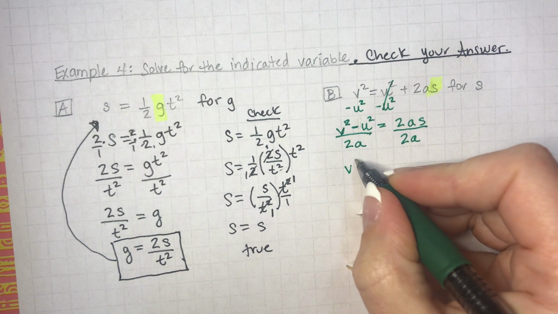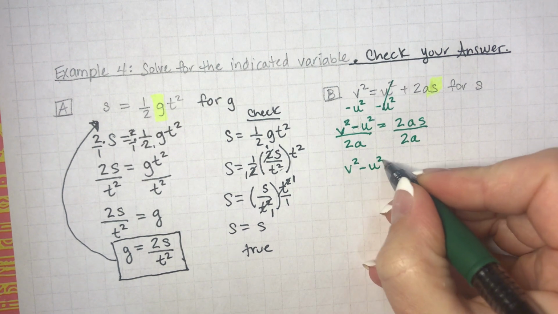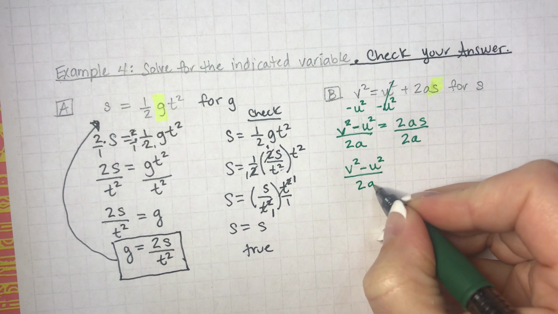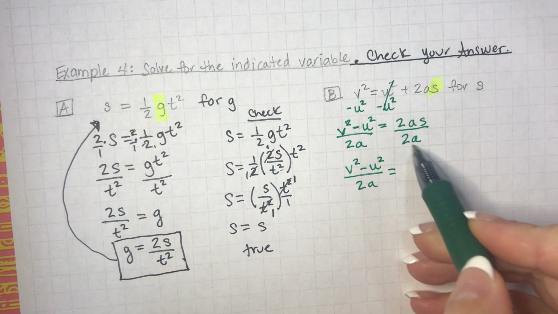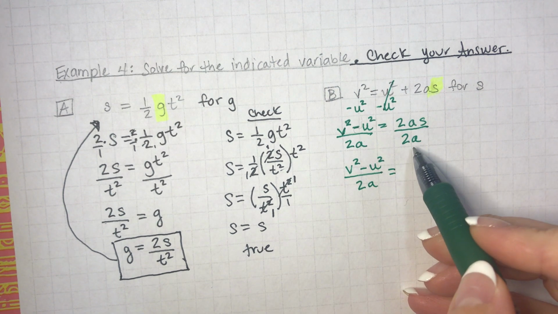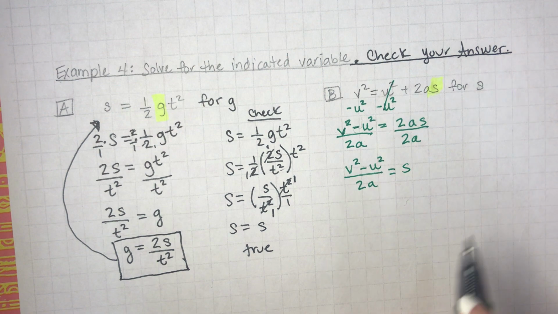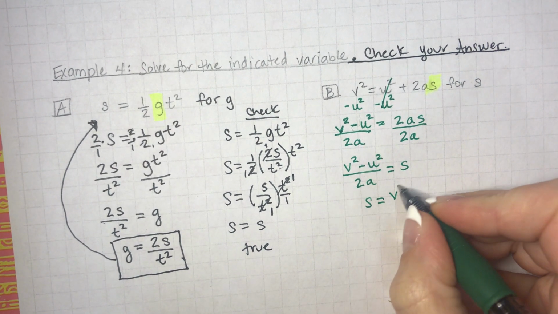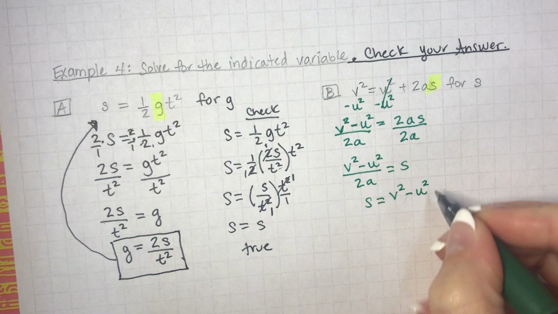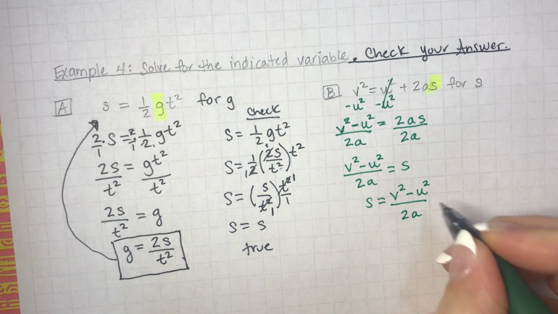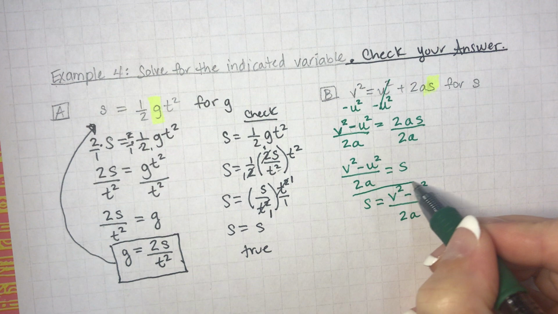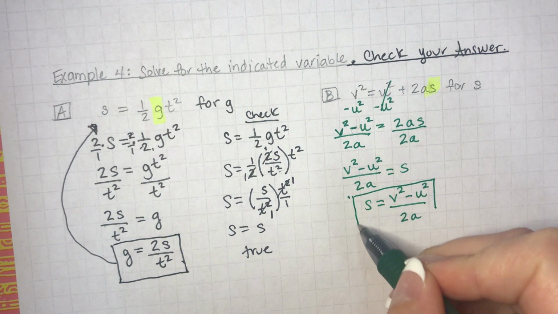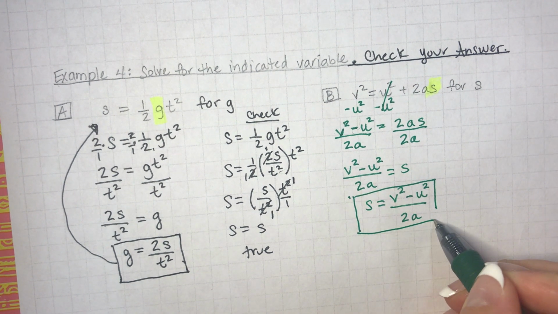So we have v squared minus u squared all over 2a equals 2a divided by 2a is 1. 1 times s is just s. And then I'm going to use the symmetric property of equality and flip it. And there's our answer right there. s is equal to v squared minus u squared all over 2a.